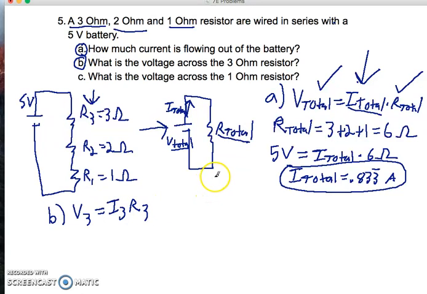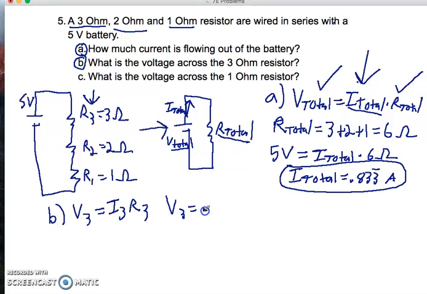Oh, sorry, my mistake. We're actually looking for the voltage, but we do know the current.